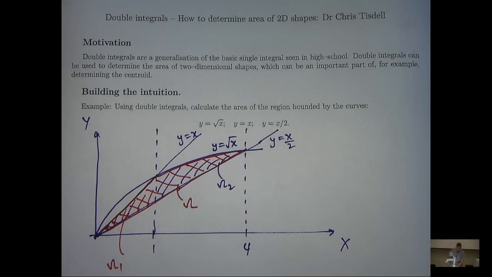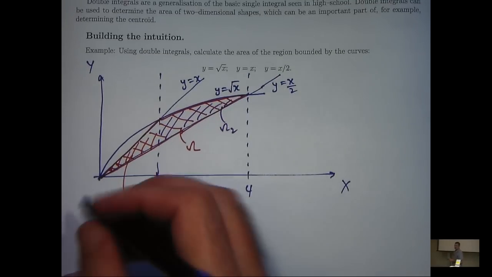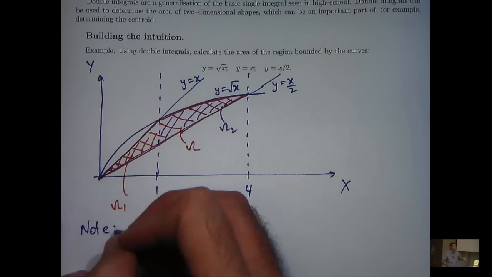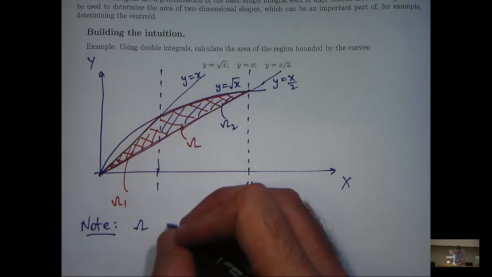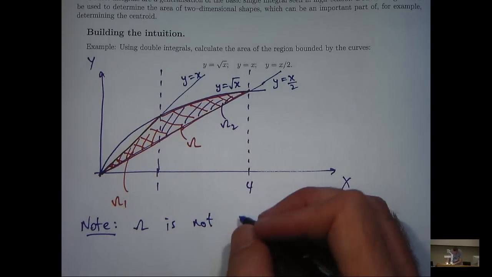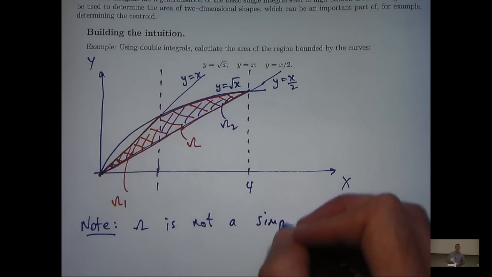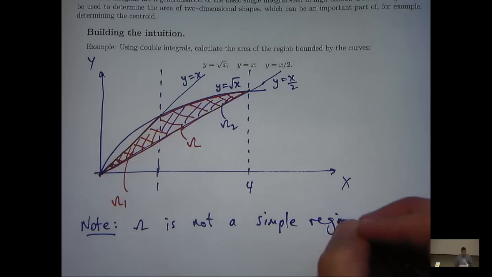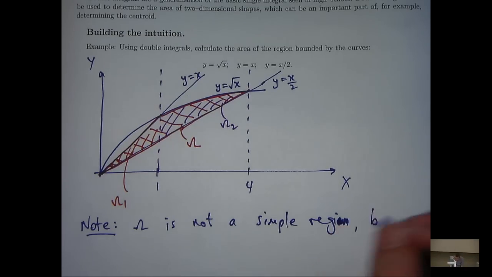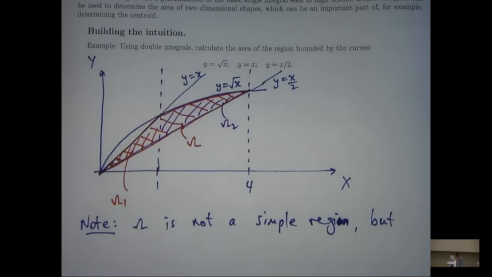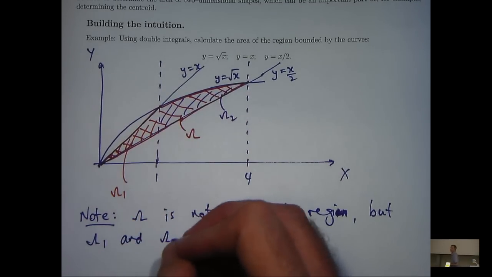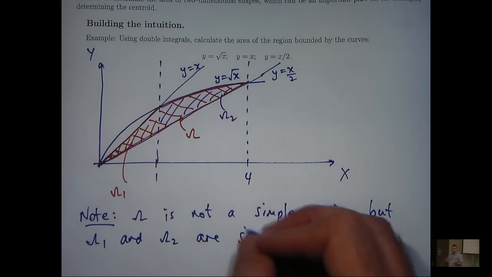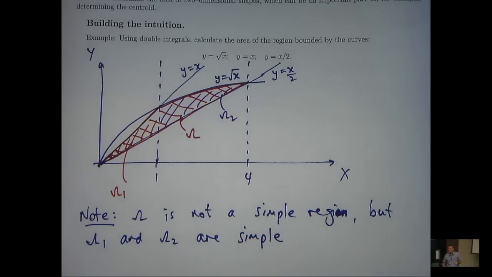So it's important to first of all note that our original region is not a so-called simple region, but omega 1 and omega 2 are simple.